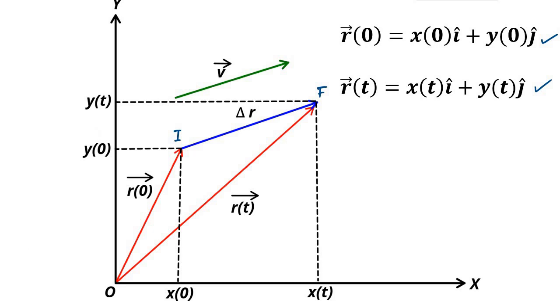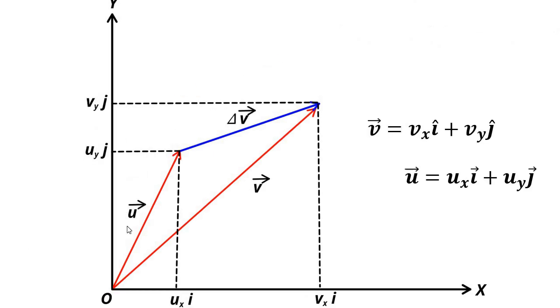Next, we have the velocities, which we resolved in the previous video also, where u is the initial velocity of the object, v is the final velocity of the object. U has its respective x and y components, ux i cap, uy j cap. The final velocity v vector has its respective x and y components, vx i cap, vy j cap.